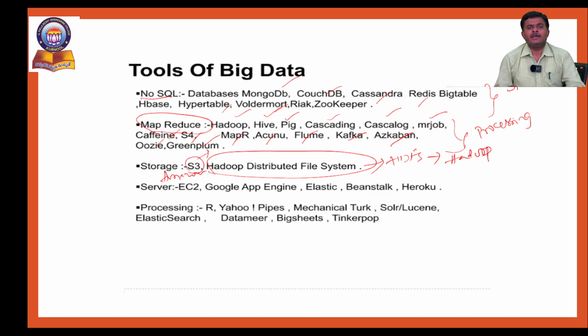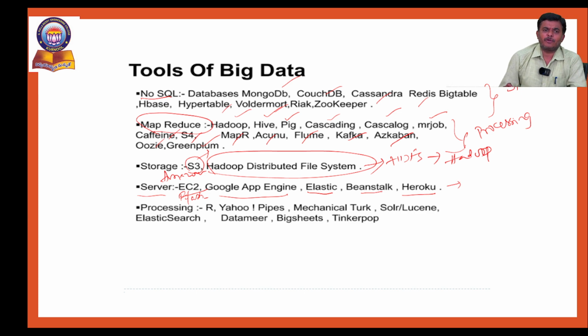It stores data in a distributed fashion, and hence we call it Hadoop Distributed File System. Next we need processing server capabilities, that is EC2, again from Amazon, the Elastic Compute Cloud. Next, Google App Engine from Google, Elastic Beanstalk, and Heroku from other companies, which help in processing the big data.